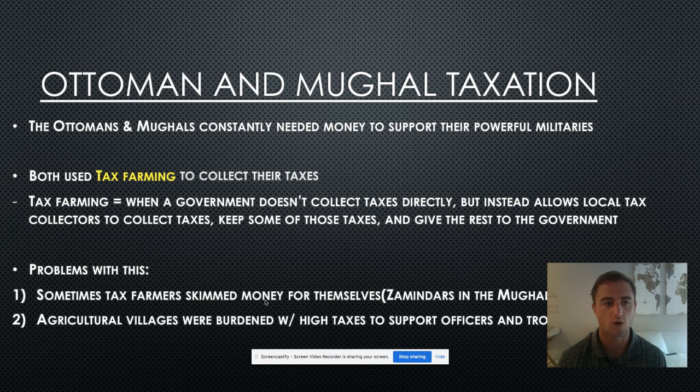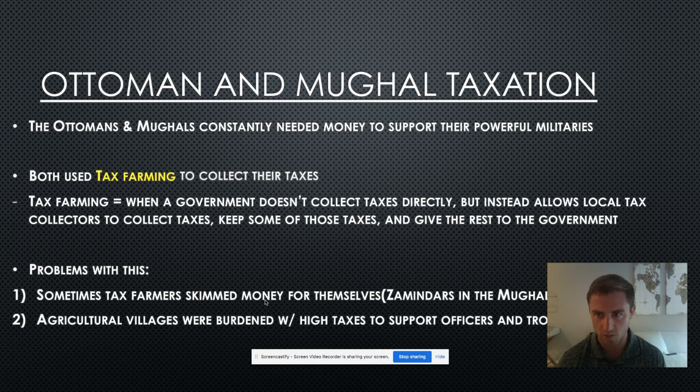Anyways, tax farming. So tax farming was a way in which some of our gunpowder empires collected taxes. And we've actually seen this in other places of the world, but this is where the government wants to help collect taxes in places where it's difficult because the people are more loyal to nobles or regional leaders than the government itself.